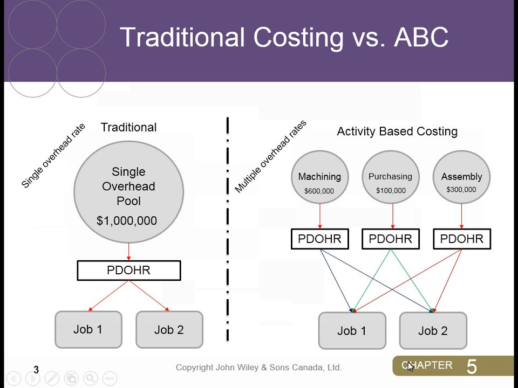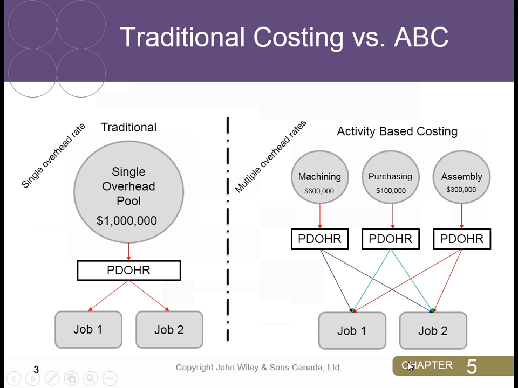Every machine hour that job 1 uses and that job 2 uses, we allocate overhead that way. In a simple system, or one where most overhead is driven by mechanized operations, that's absolutely fine. The reality, though, is that not all of your overhead may be driven by that cost.